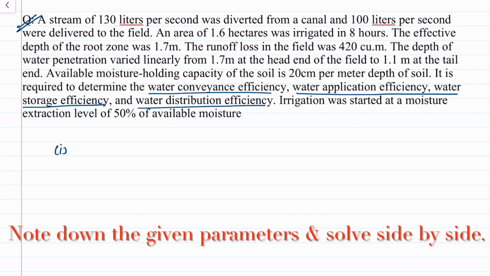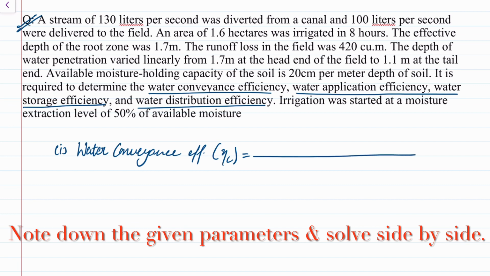So let's first of all find the water conveyance efficiency. The formula for water conveyance efficiency is the water that is delivered to the field to the water that is diverted from the canal, into 100.